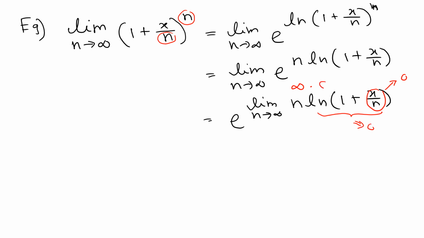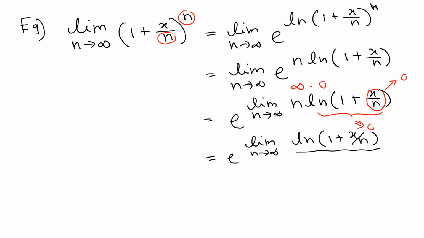So it's an infinity times 0 problem. When you have an infinity times 0 problem, we bring it to either 0 over 0 or infinity over infinity. We do that under the limit. So it's e to the limit as n goes to infinity of ln of 1 plus x over n, and if we divide top and bottom by n, it's going to be 1 over n.